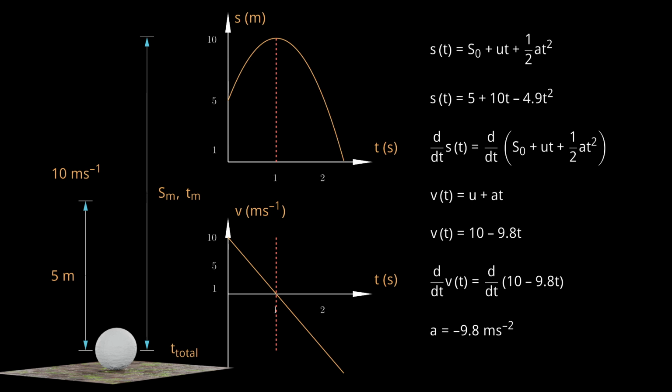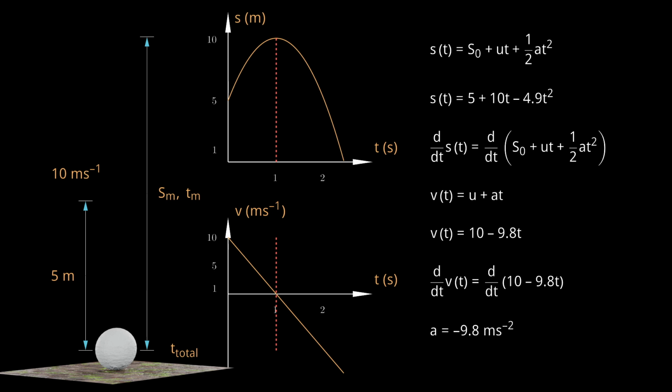These graphs describe vertical motion under gravity. Later, when we explore projectile motion, we'll refer back to these concepts to analyze vertical displacement and velocity in more complex scenarios. With that detailed explanation, let's return to the question: finding the maximum displacement, the time taken to reach this point, and the total travel time of the ball.